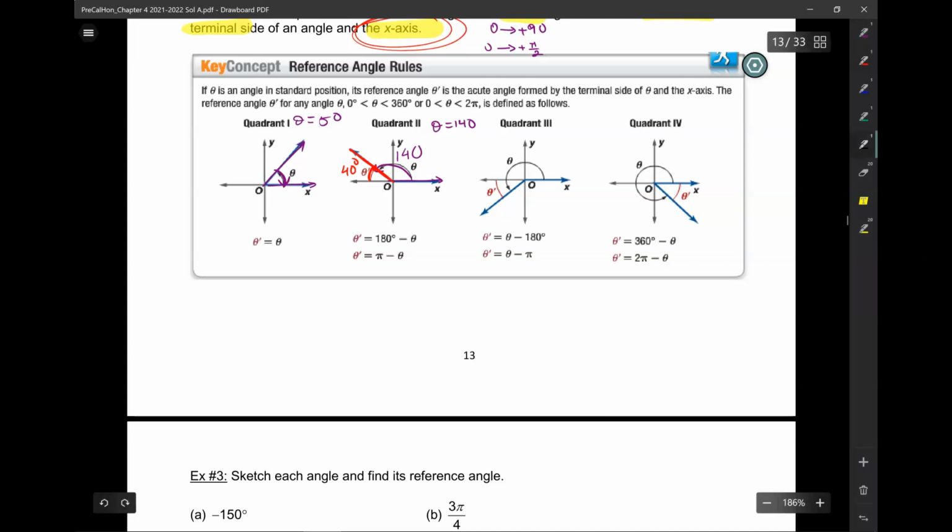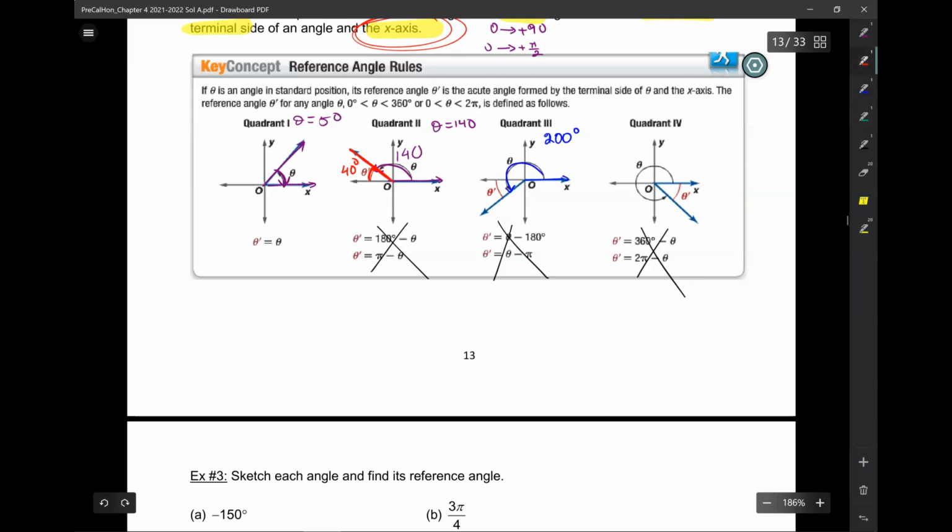So the book has all these, and again, I write them to have you cross them out because I don't want you to memorize anything. I just want you to reason it out. Okay, here we go. Suppose you have an angle of like 200 degrees.